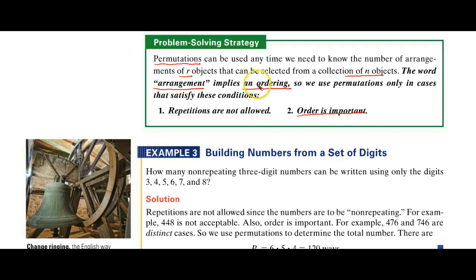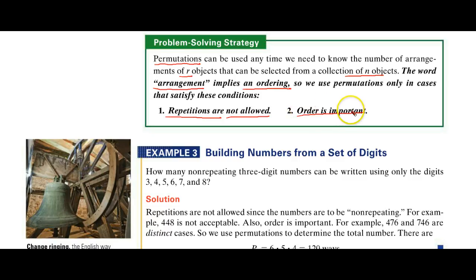And another key part, repetitions are not allowed. So in your notes somewhere, you need to put these two qualifiers in regard to permutations. One of the key words, arrangement, ordering.